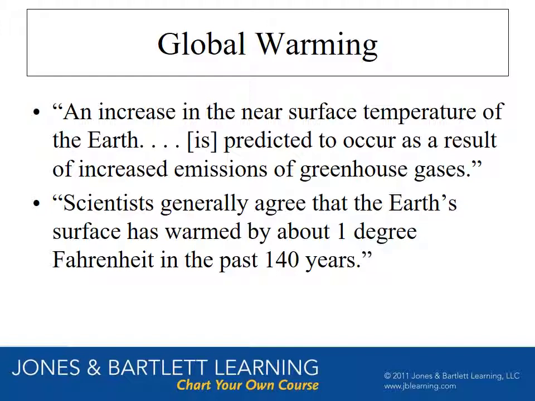And there's a general consensus, even as old as this version of the book is, that the Earth's surface has warmed by about 1 degree Fahrenheit in the past 140 years, but there's growing evidence that it's warming much more rapidly. Now, climate change has really moved from just talking about global warming to talking about all the variations we're starting to see in climate and how less predictable the climate has become.